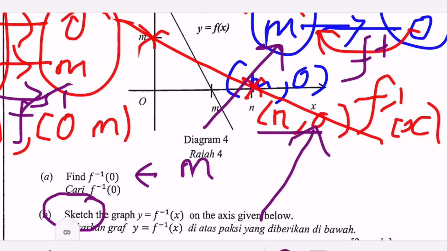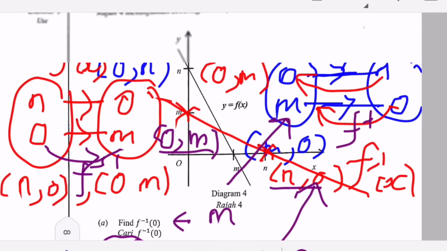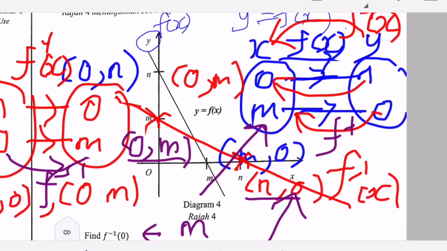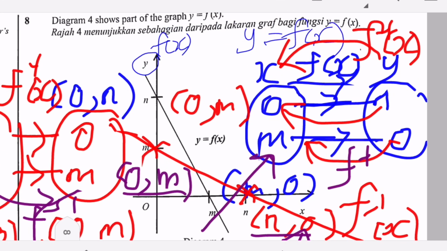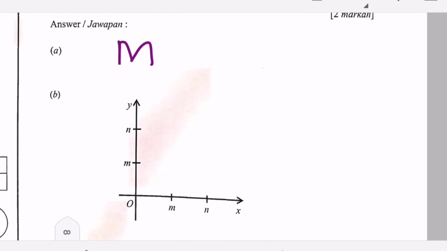If possible, you sketch the straight line using a ruler. Plot the points (0, m) and (n, 0). If possible, try to use a diagram to help you understand the concept so that you won't get confused.